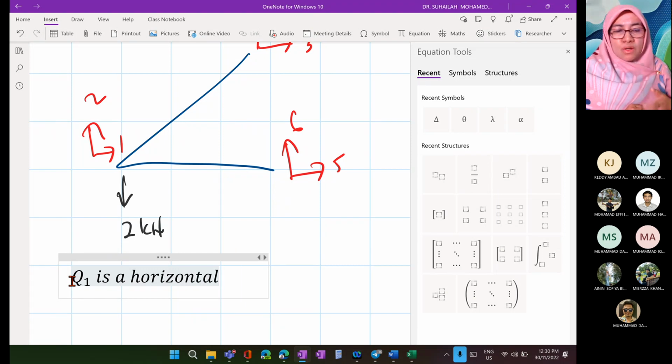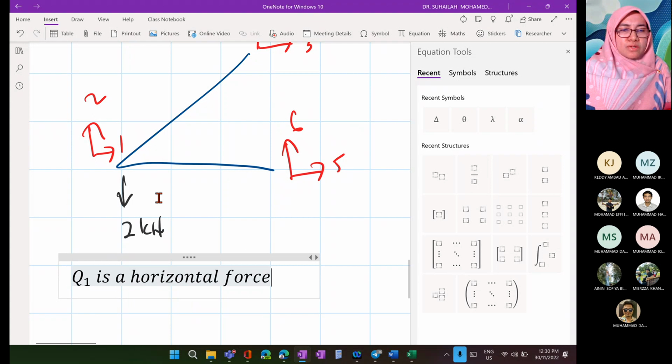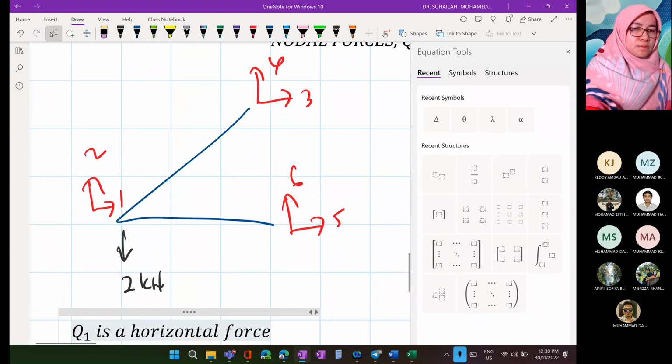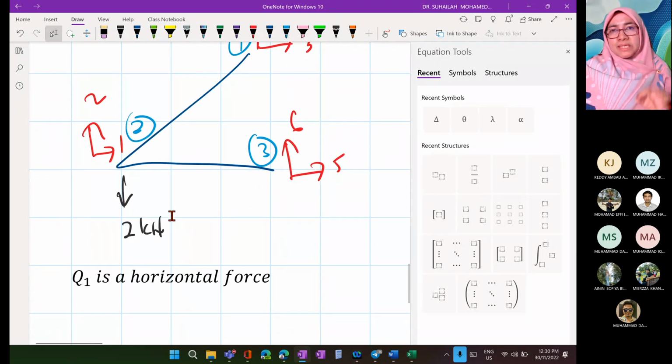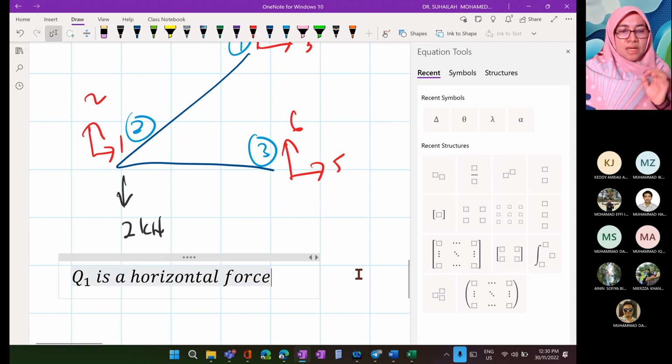It is a horizontal force. This is node number 1, node number 2, node number 3. Okay, now Q1. Look at position 1. And now we are talking about forces. So what is Q1? Q1 is a horizontal force.